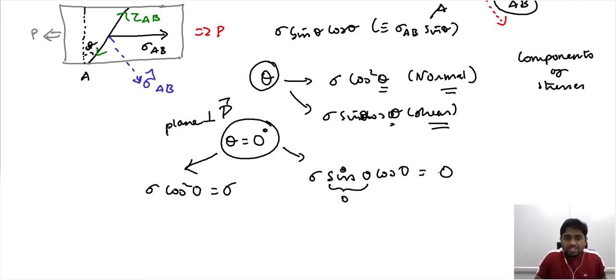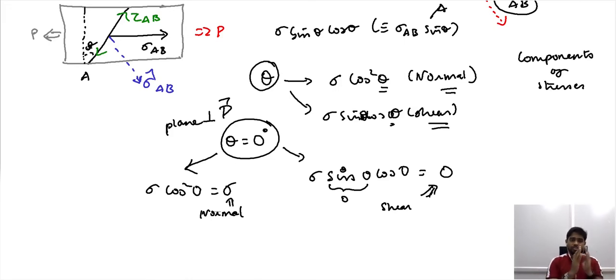So what we essentially observe is, when we consider a direction that is perpendicular to the loading direction, the normal stress is the only one that has a definite value associated with it, but the shear stress turns out to be 0.